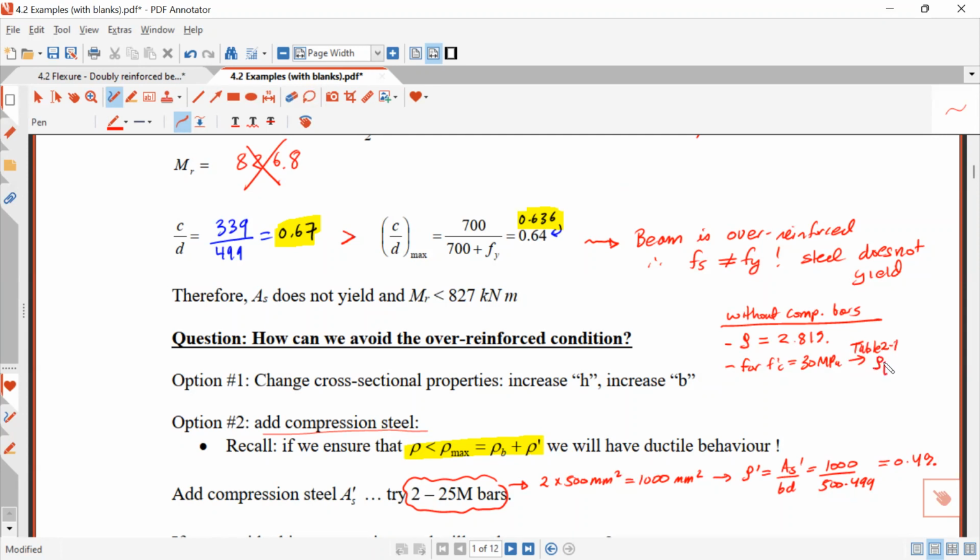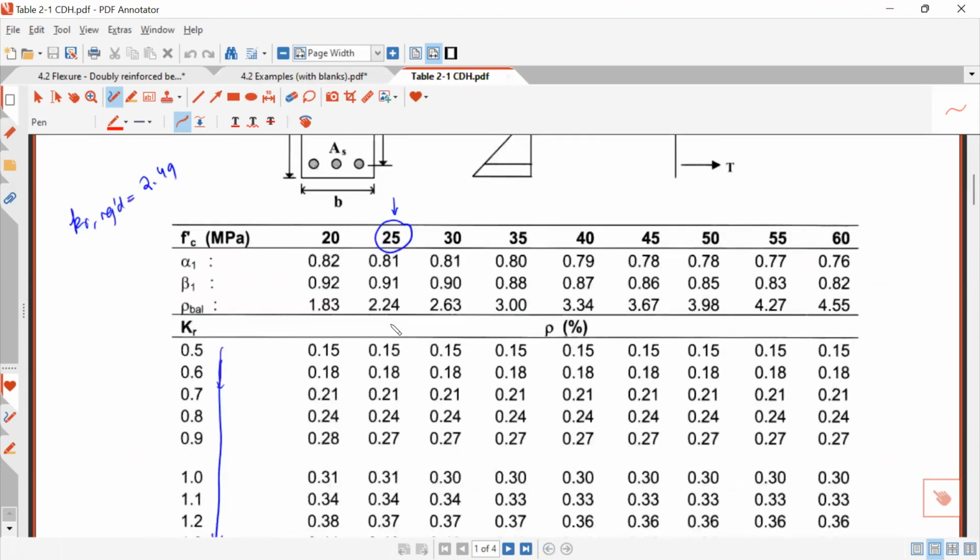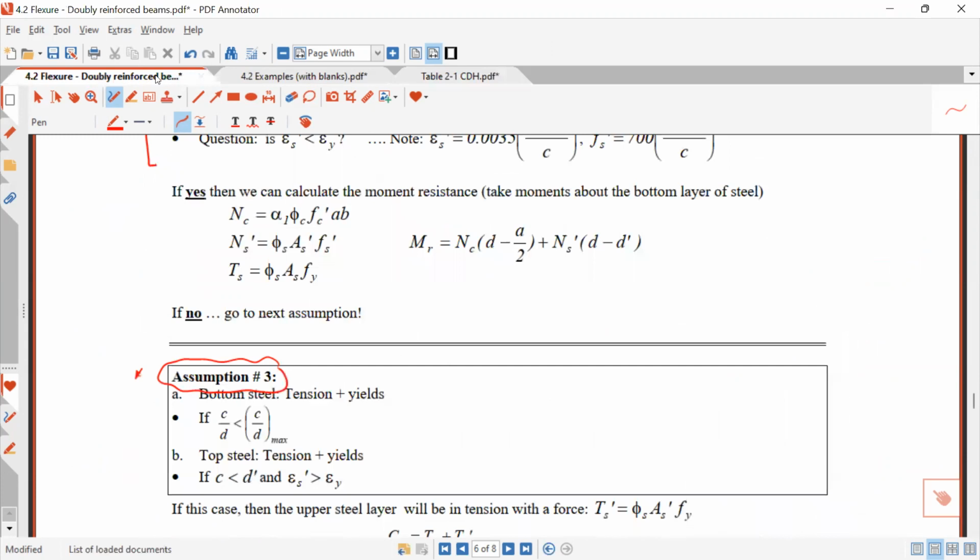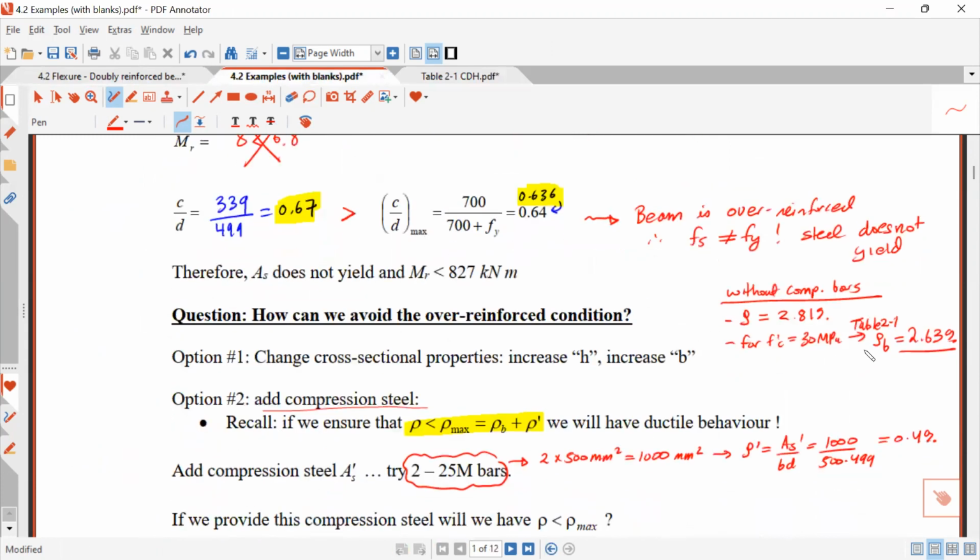So here's our rho balance, and it is 2.63%.